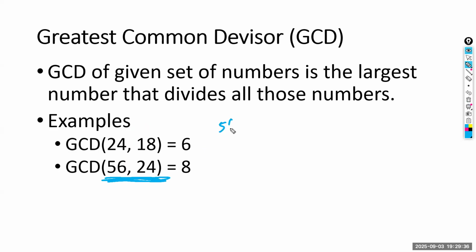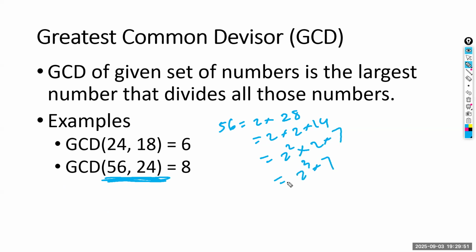Factorized, 56 is 2 into 28, 2 into 2 into 14, 2 to the power 2 into 2 into 7, 2 to the power 3 into 7. Then take 24, smallest 2 into 12, 2 into 2 into 6, 2 to the power 2 into 2 into 3.